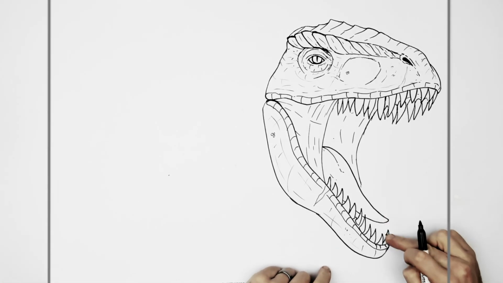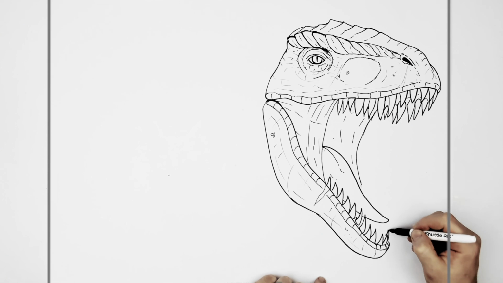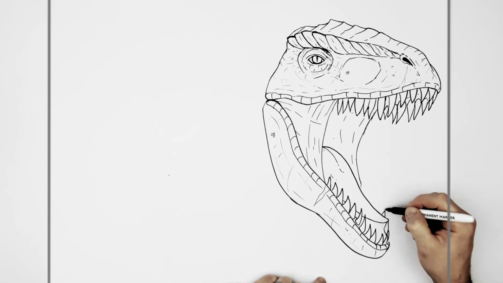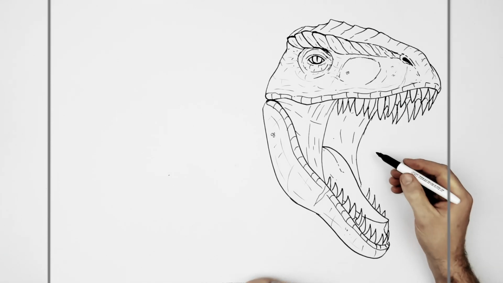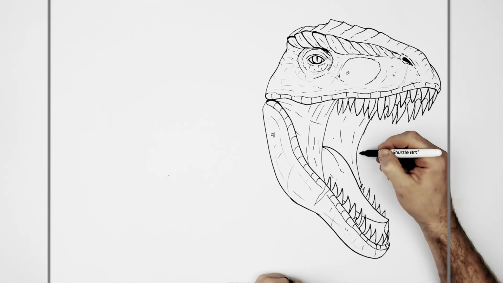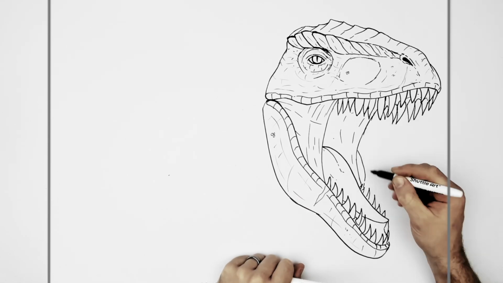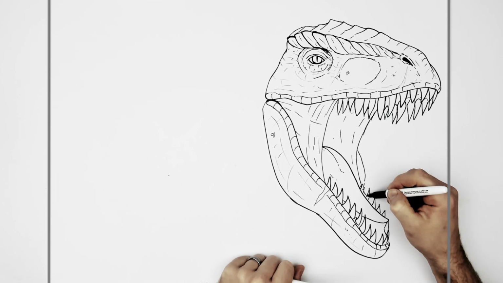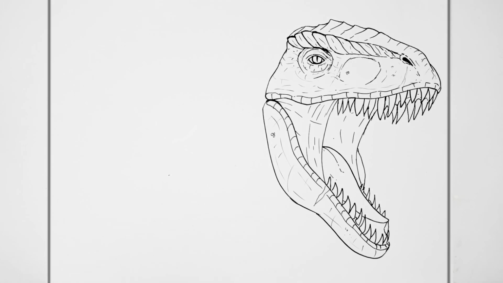Right, so we should see some teeth coming up on the other side of his face here as well. So. And then maybe the bump for his cheek. Okay.